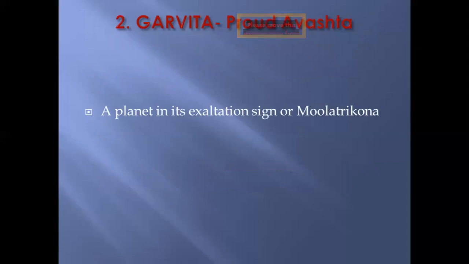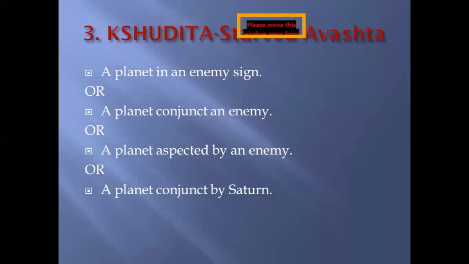Then we've got Garvita or proud Avastha, and that is when a planet is in its exaltation sign or Mula Trikona sign. So exaltation or Mula Trikona. Then we've got Kshudita or starved Avastha.